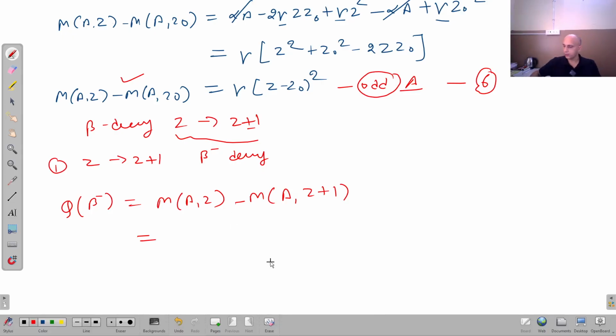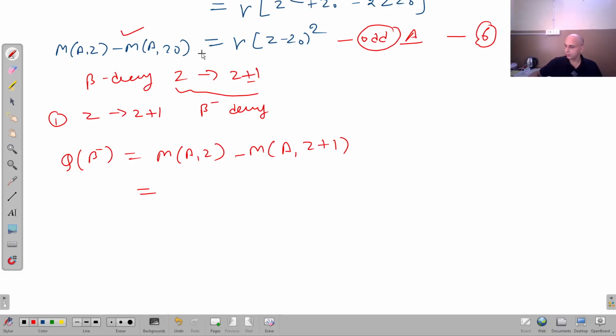So you can see here, if we consider this equation, let me first write these equations. M(A,Z) minus M(A,Z0) is equal to gamma into (Z minus Z0) whole square. This is for this one, right?